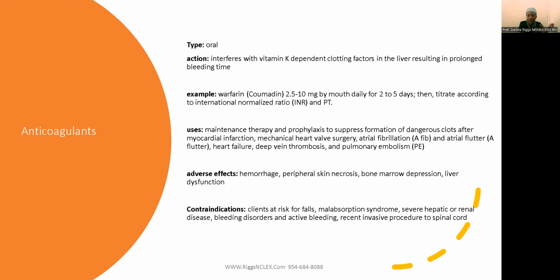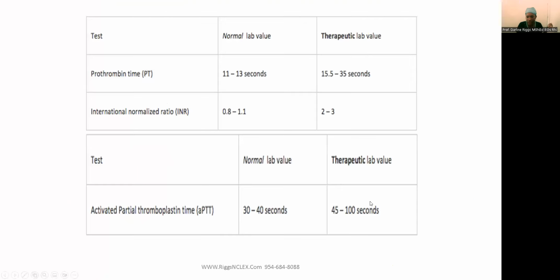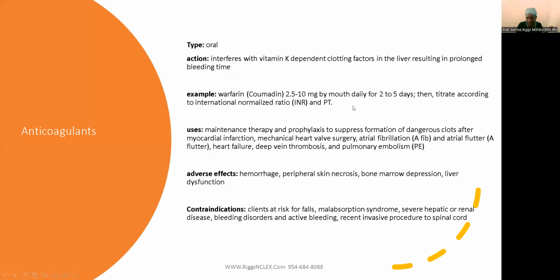When a client is on heparin, we're looking at the APTT. Let's go back. We're looking at right here, 45 to 100 for the therapeutic range. That's if they're on heparin. If they're on Coumadin warfarin, we're looking at these two. We're looking at the PT, 15 to 35 seconds, and the INR, 2 to 3. So don't mix that in your test questions.